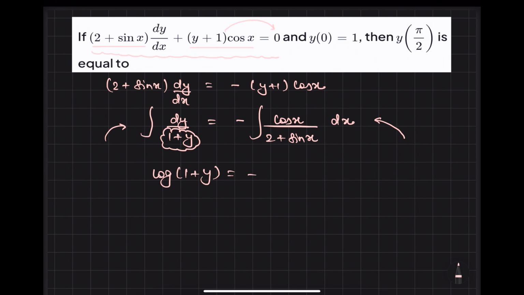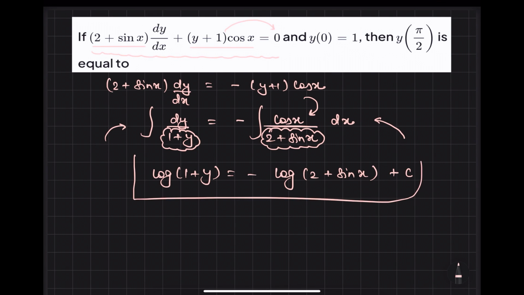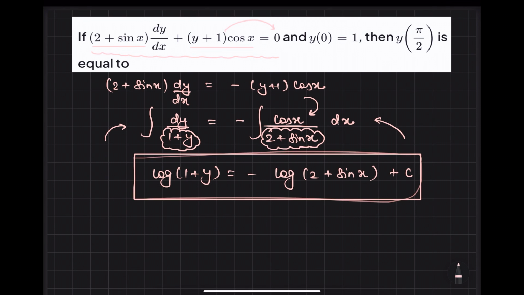Similarly, here, you will take this thing as z, and you will have cos x dx as dz. So it is log(2 + sin x) plus the integration constant c. So our integration is done.